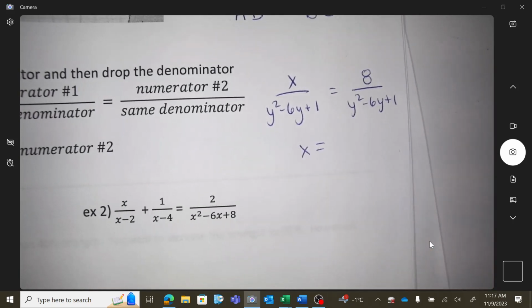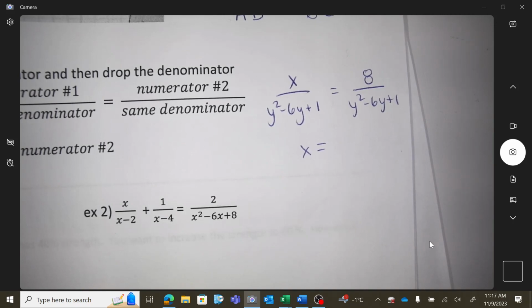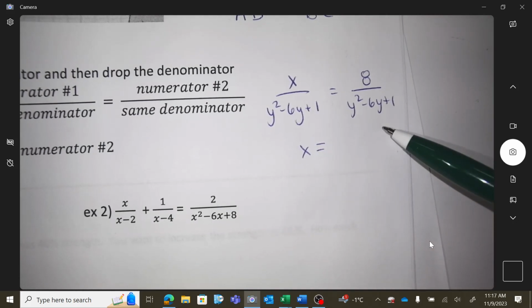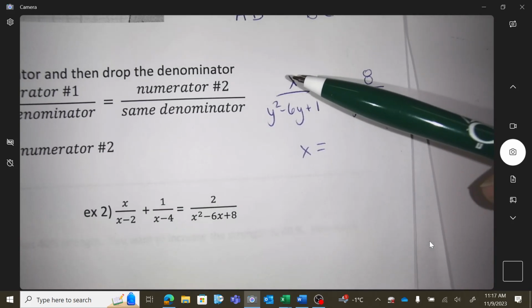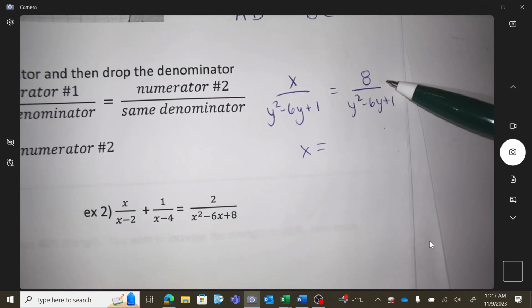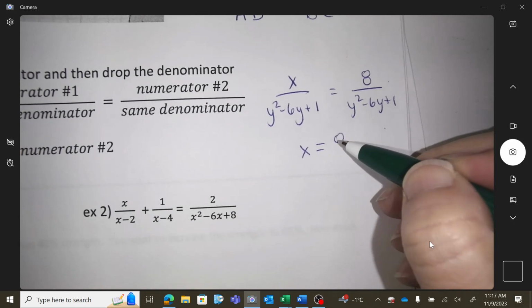What would x have to equal? This bottom is the same as this bottom, so how do you make the two sides equal? This top should now have to equal that top.